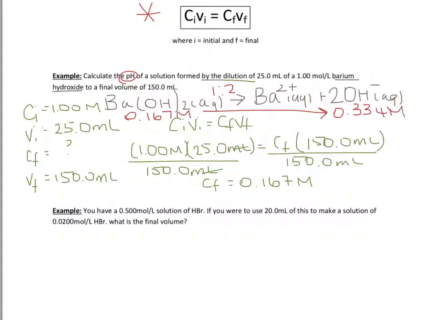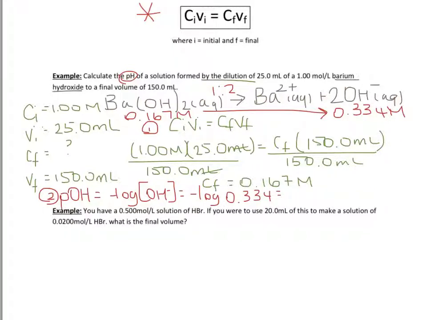That gives 0.334 molar. Also remember that there is no one formula that connects pH and concentration directly. So this was step 1. Step 2, I can find the pOH by doing negative log of OH-, which is negative log of 0.334.